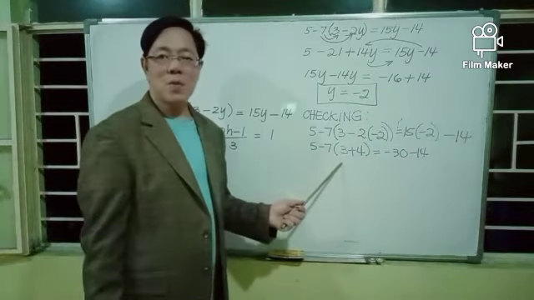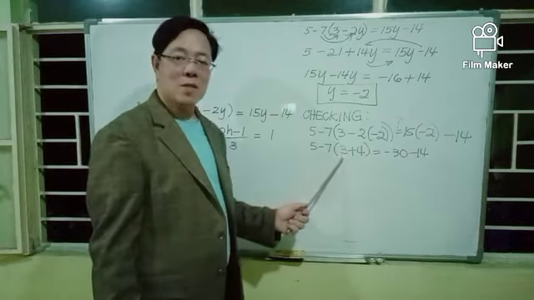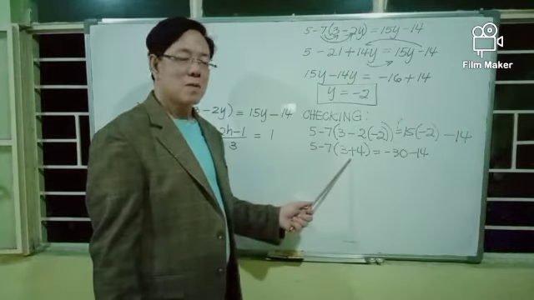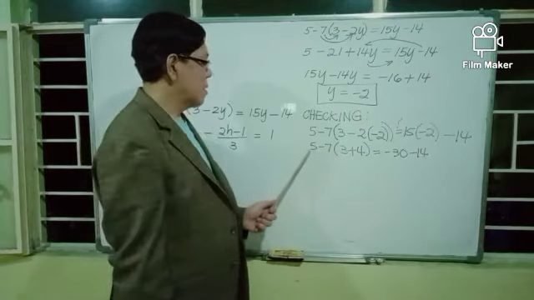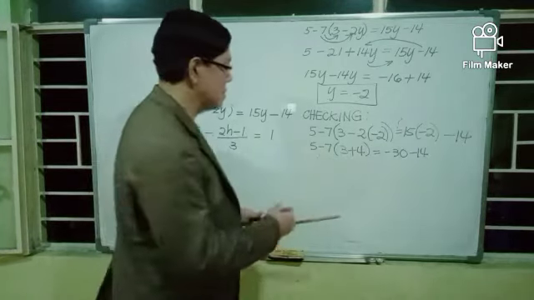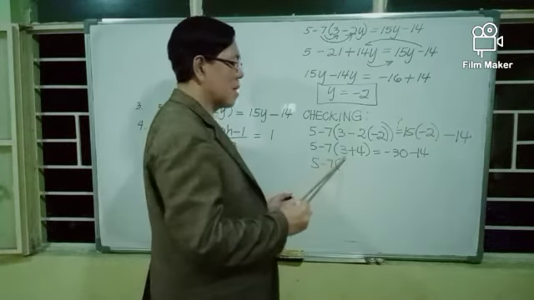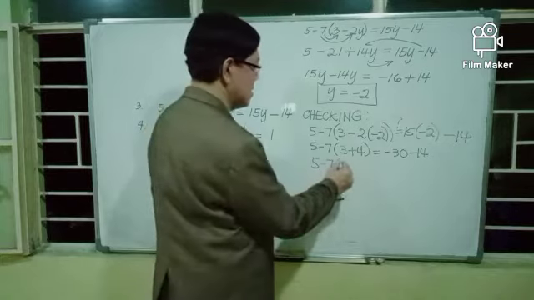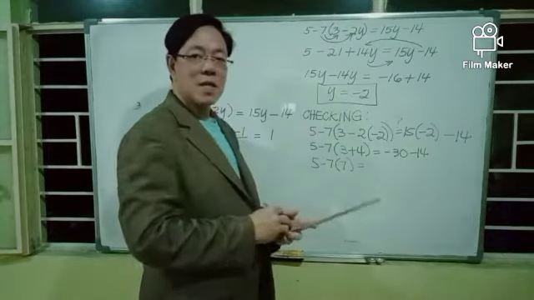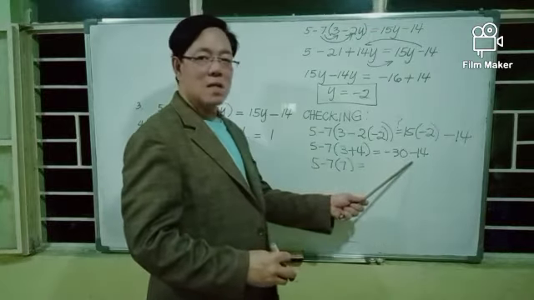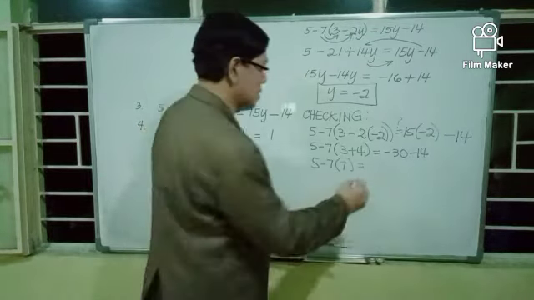And we still have grouping symbols at the left hand side. So we perform the operations inside the grouping symbols. We have 3 plus 4 is 7. We have 5 minus 7 times 7 equals negative 30 minus 14, which is negative 44.